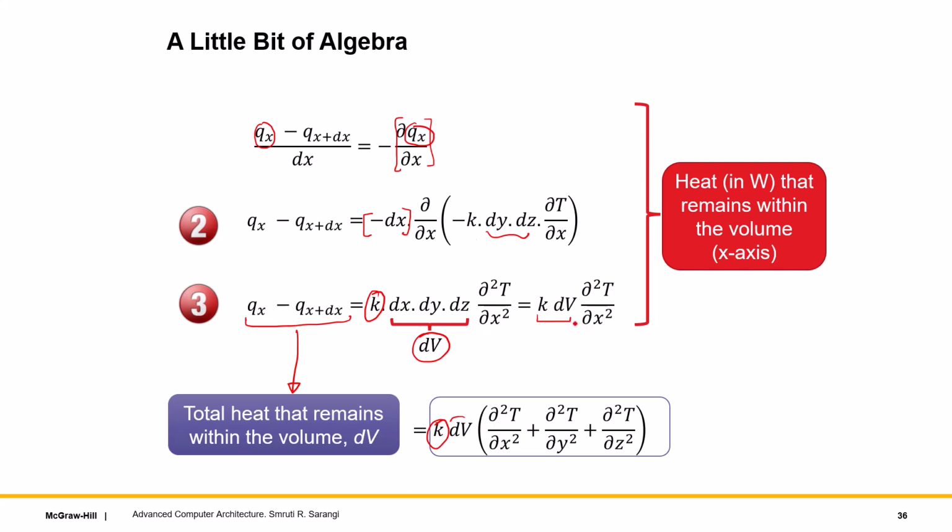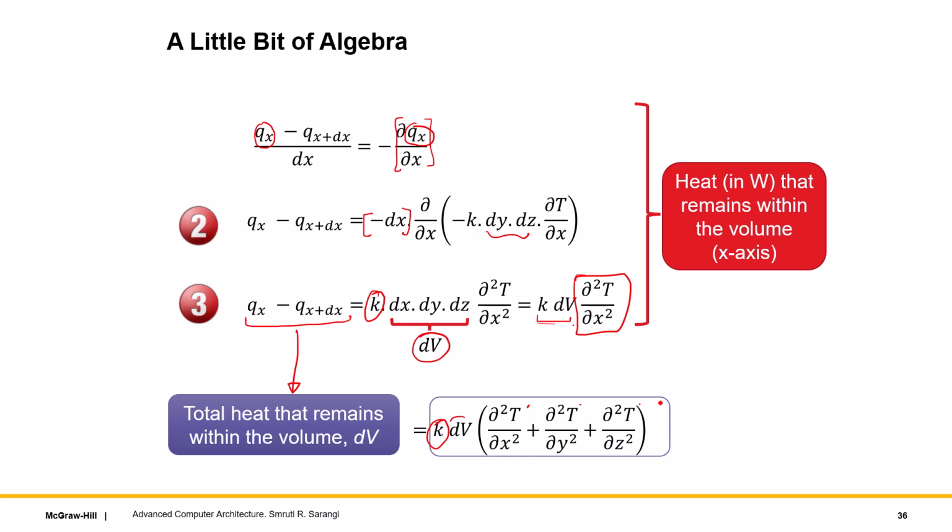So what I can then do is that I can do this across all axes, right, across the y-axis, z-axis and so on. Because of flow in all three axes, x, y and z, the total heat that remains within the volume is k times dV, of course, times this quantity plus del square T by del y square plus del square T by del z square, because it's a sum. So heat does not destructively interfere, right?